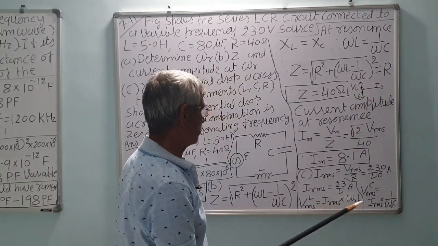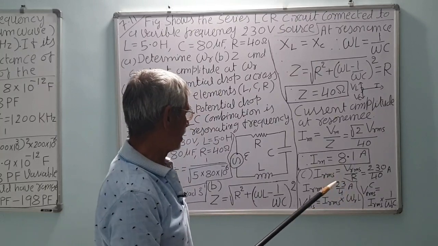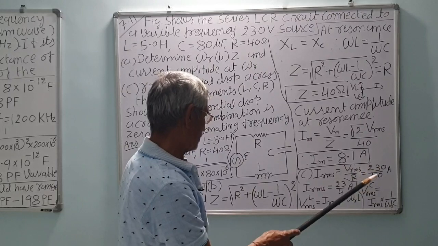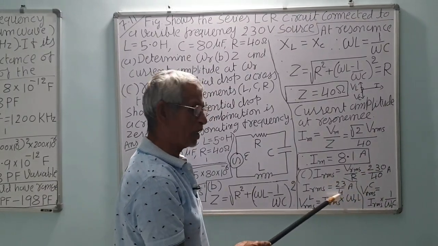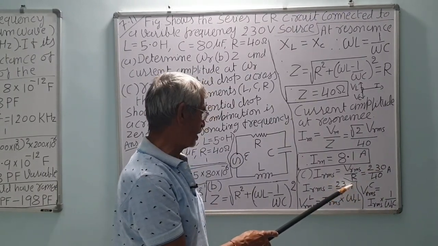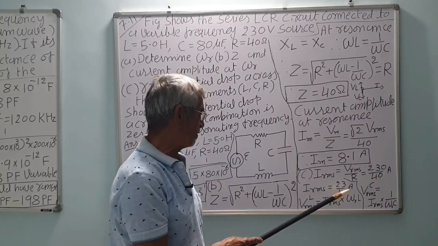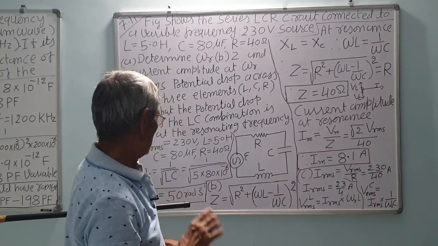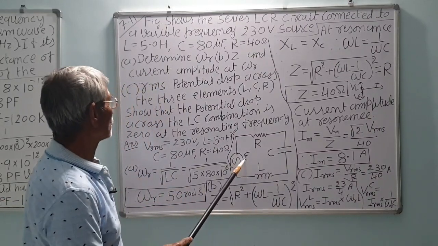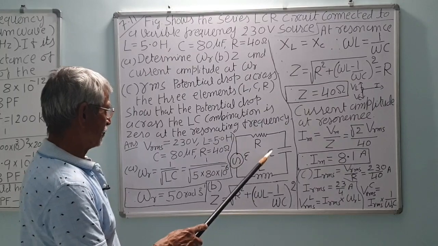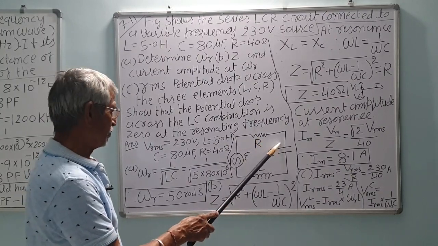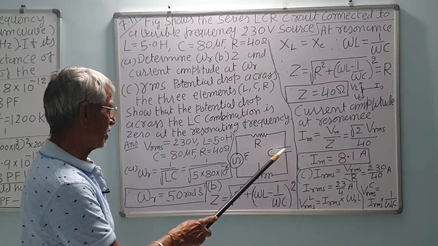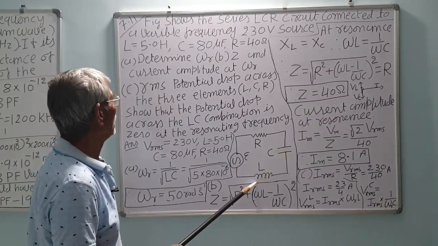So whatever the potential drop across the resistance, that is R into the current, that is 23 upon 4 RMS value into 40, that will come to about 230. You can calculate this, correct? So the total supplied, 230, appears across the R. These will cancel; each will be more than 1400 volt, but they are out of phase, so they will cancel.